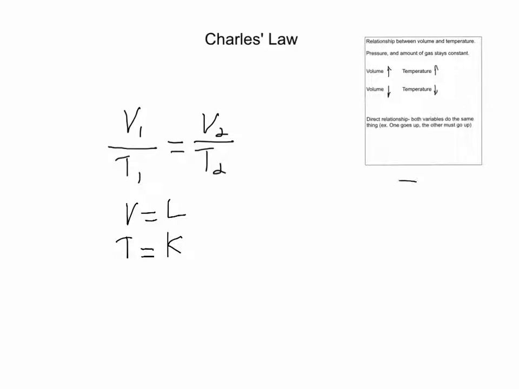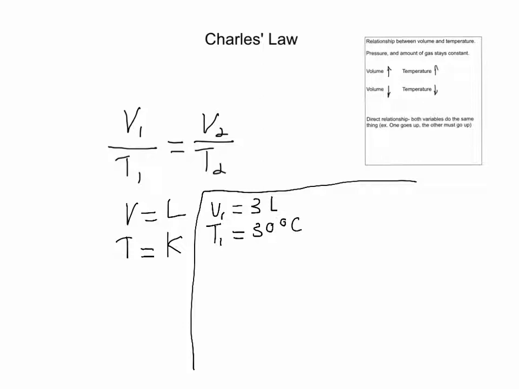Let's look at a sample problem. Let's say that we have a gas that has a volume, V1, of 3 liters, an initial temperature of 30 degrees Celsius. We change its temperature, so its new temperature is 50 degrees Celsius, and we need to find what its new volume is.